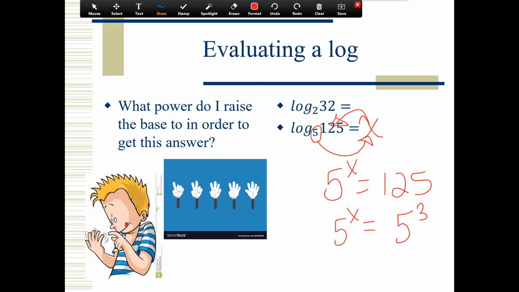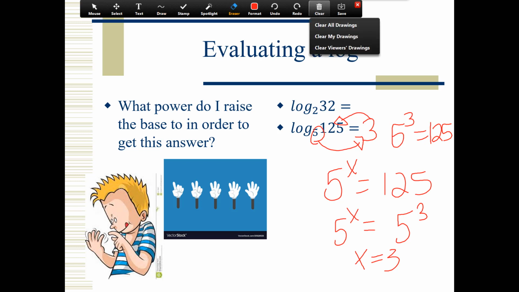So that means the exponent we want is 3, which means when I'm evaluating log base 5 of 125, the answer is 3. Because if I take 5 to the third power, I get 125, and I'm looking for the power that I would raise 5 to get that.